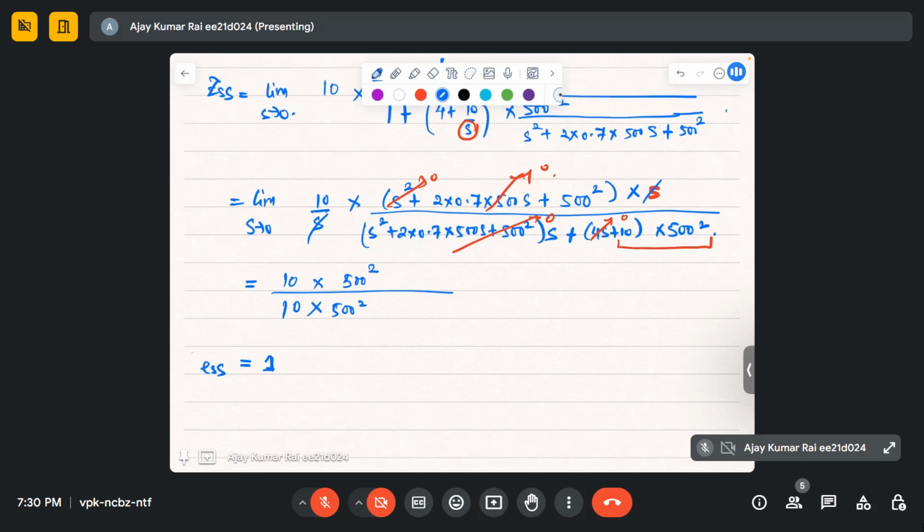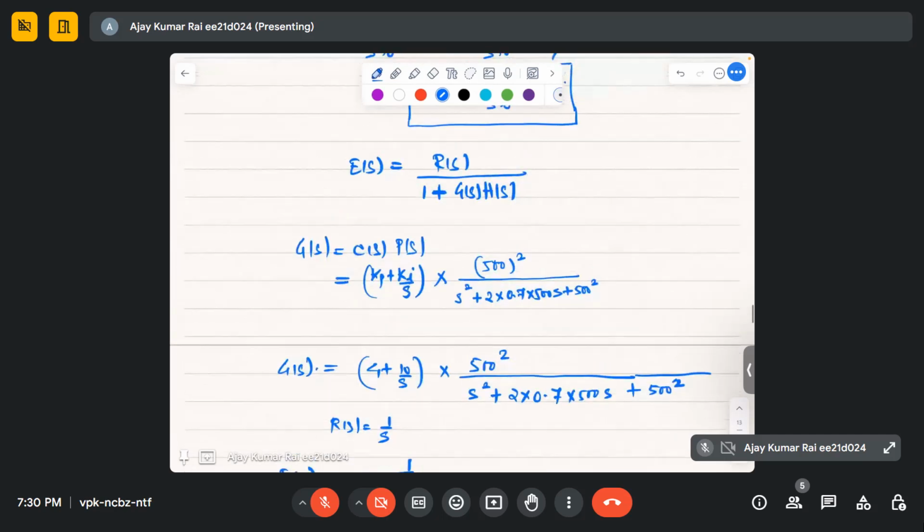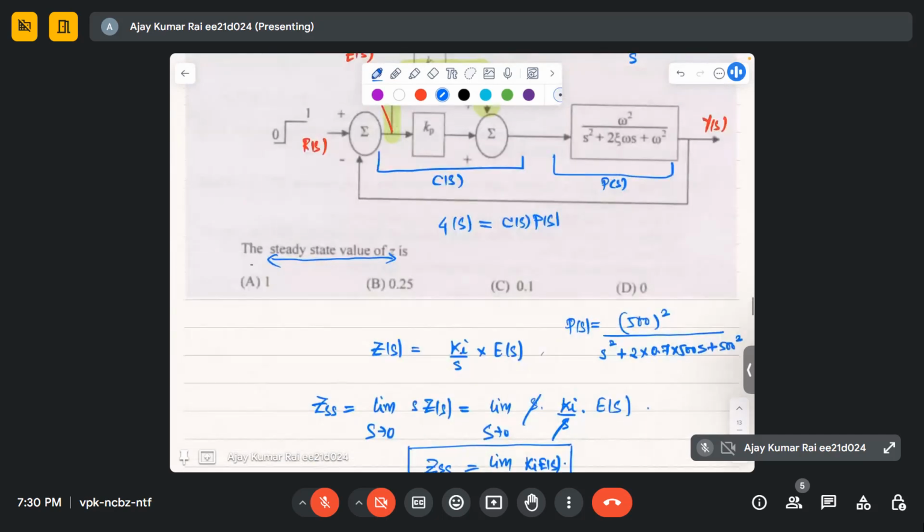If you apply the limit, sorry, this is not E of S, this is Z steady state value, which is equal to 1. Okay, so the answer is 1.